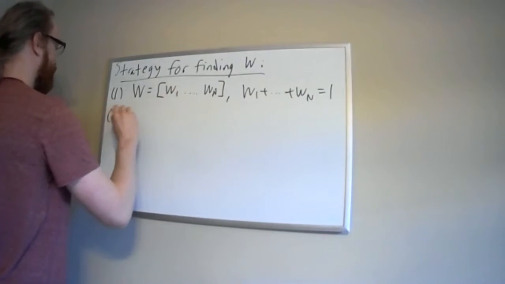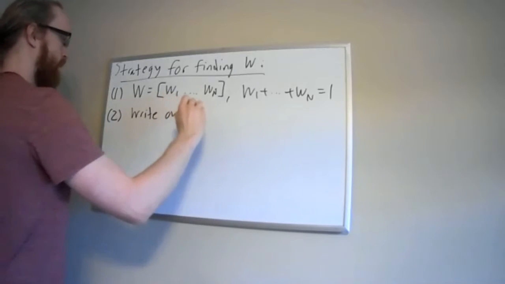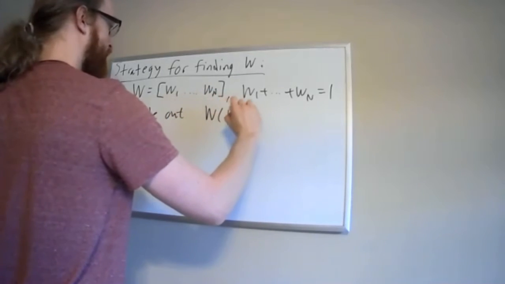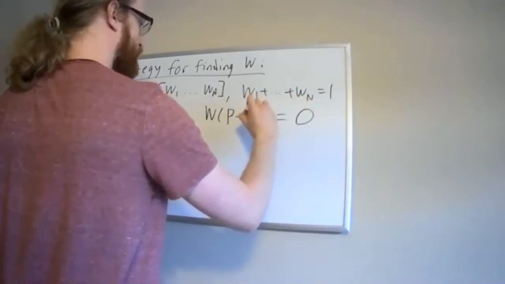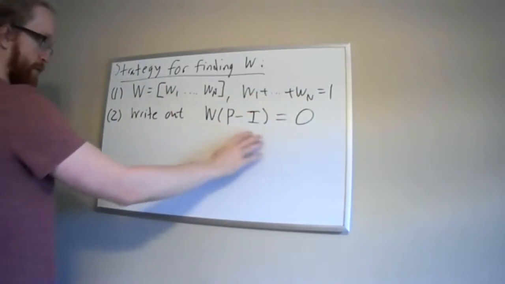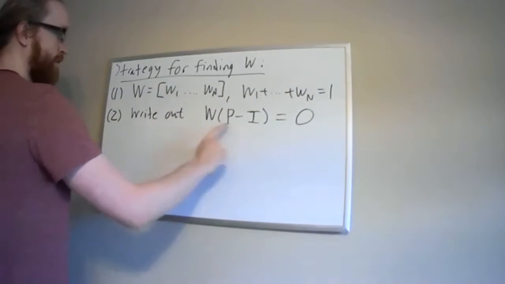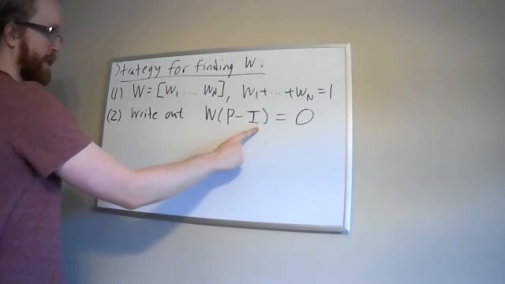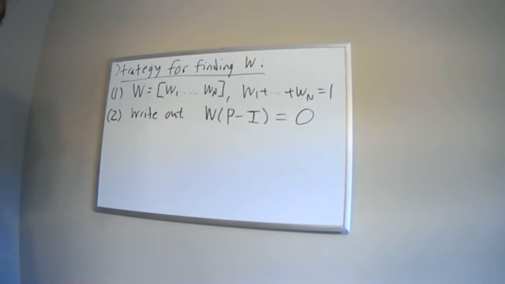Once we do that, we will basically write out W times P minus I equals 0. So we will just write this whole thing out. We'll do what we did before. We'll find what P minus I is, and then we'll multiply this with whatever we get for P minus I, and we'll set that equal to 0 and see what equations that gives us.